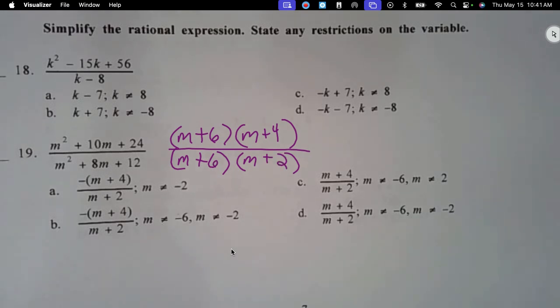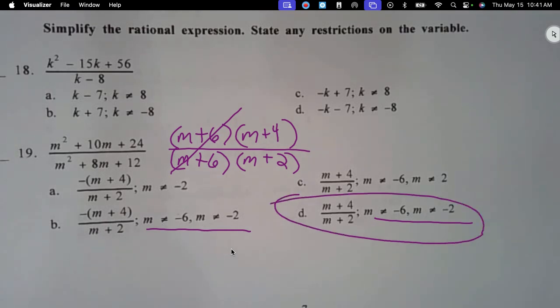Okay, we are simplifying. First of all, what are my restrictions though? The 6's cancel out, the -6 and the -2. So I'm looking here and here. The 6's cancel out. So my answer is M plus 4 over M plus 2, which is D.